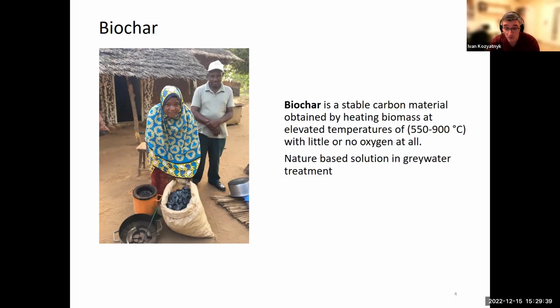However, most of these methods require complicated equipment and reagents that are not available in developing countries, basically at the place where these biochars are produced. For instance, in the kind of cooking stove that you see in this figure.